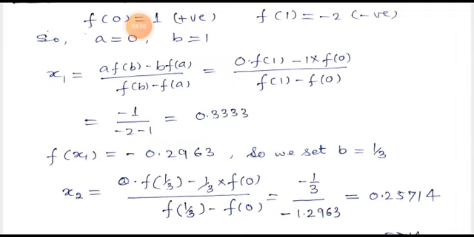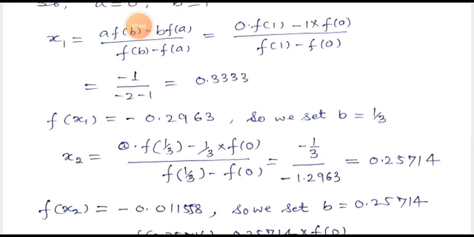So we get b is equal to 1 by 3 and x2 is equal to (0 into f(1/3) minus 1/3 into f(0)) upon (f(1/3) minus f(0)).